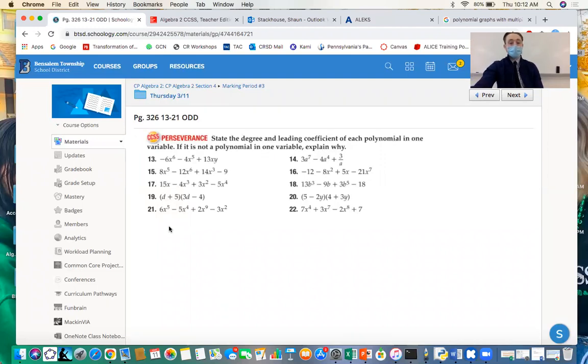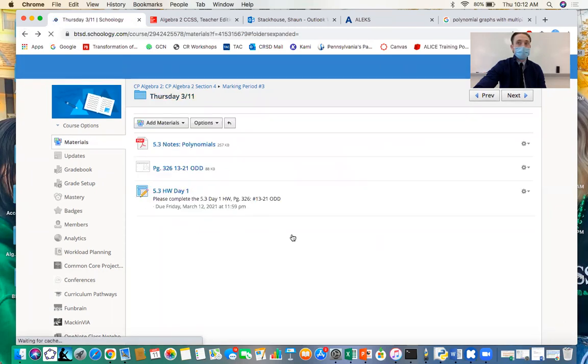So you're going to put it in standard form, write the leading coefficient, the degree, and then also classify it. Okay. Any questions about what that assignment is? Good. So next, that was going to be my next thing. I'll explain it in a second. But does anybody have any questions about just that assignment?